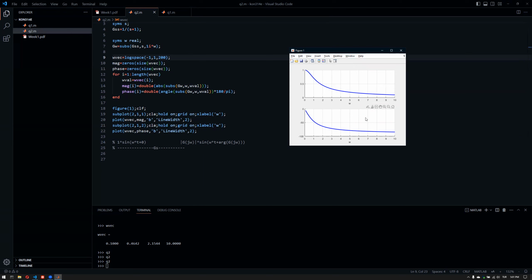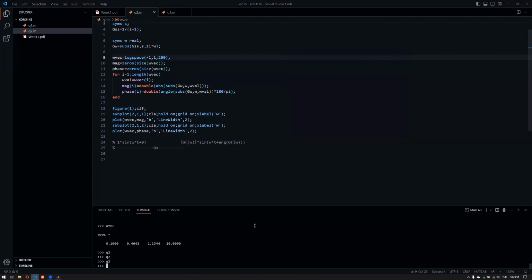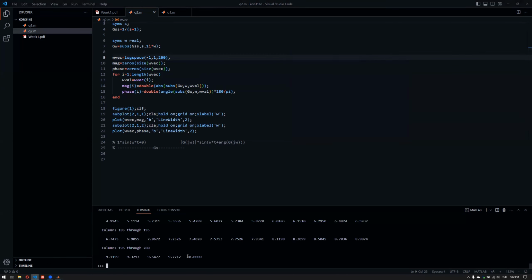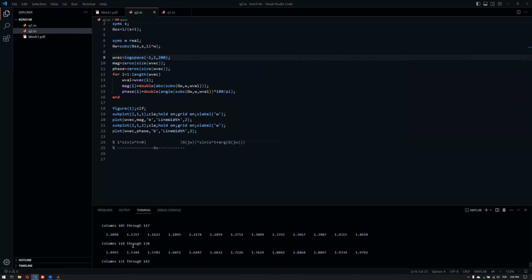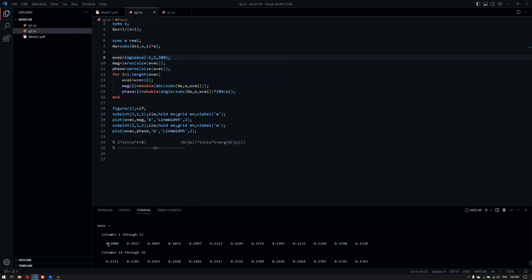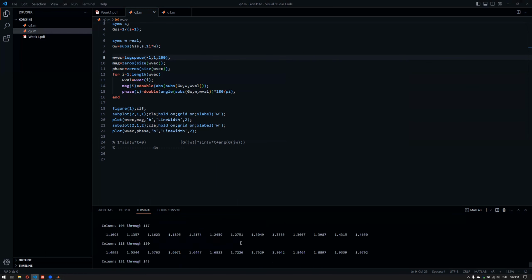And the reason for that is that if you look close to the x-axis, you can see that the step size is linear, whereas our vector is logarithmically spaced. If you look at omega vec, you reach the number 10, but it's not linearly spaced, it's logarithmically spaced.